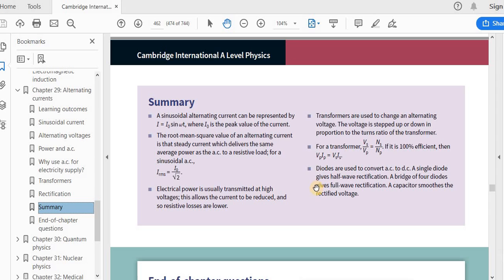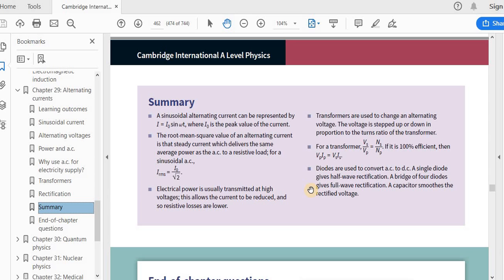Because the higher the current, the more the collisions between those electrons and the metal ions in the wire, and as a result that will convert the electrical energy to thermal energy. So thermal energy is heat, so that's a waste of energy. That's why we reduce the current and increase the voltage, so that we can get the same amount of power and we can transmit it with less energy loss.